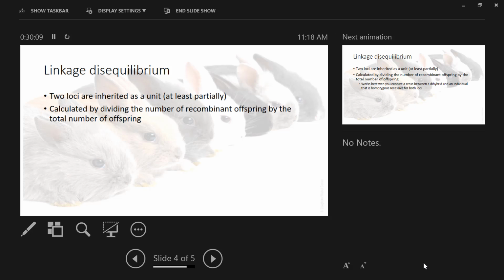To determine the amount of linkage, or the severity of your linkage disequilibrium, we divide our number of recombinant offspring by the total number of offspring. And you're like, what on earth is a recombinant offspring?